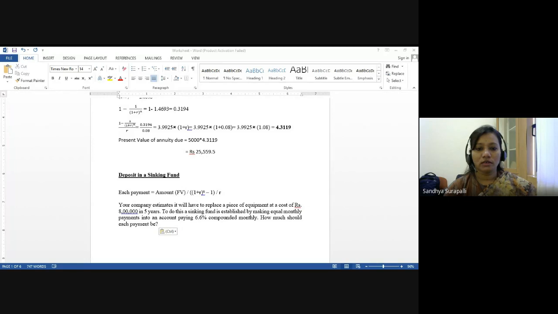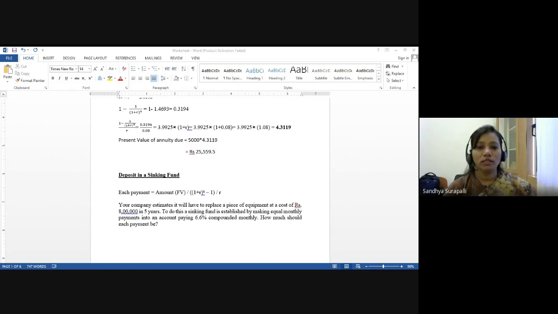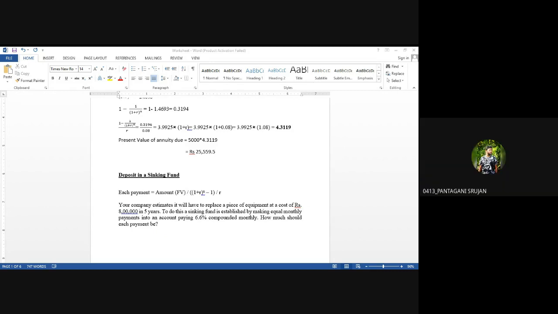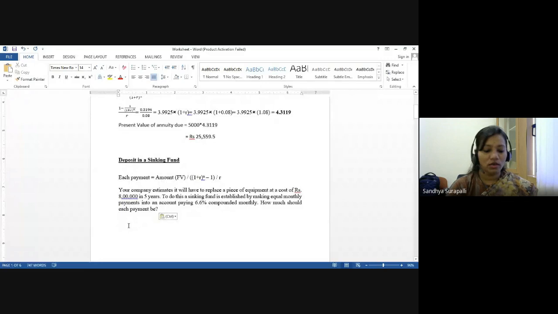So here, monthly means what we have to do again? N into P, ma'am. Yes. And R? What you have to do with R? R into P. Yes. So whatever the factor is, suppose you want to find the future value annuity factor, this has to be changed.